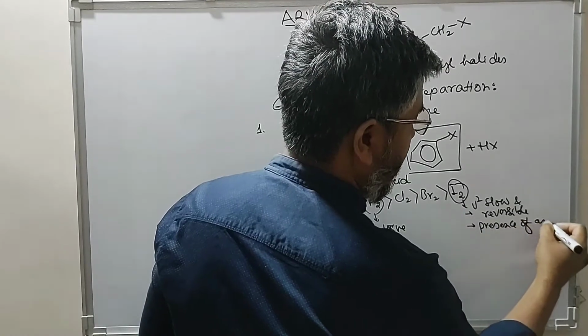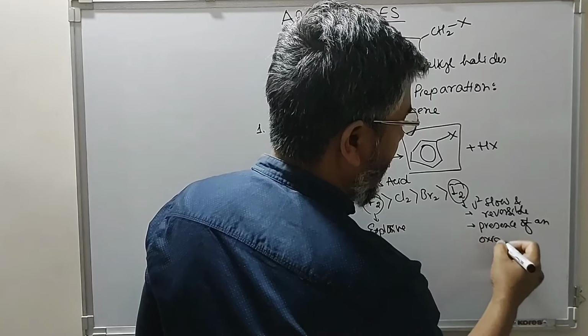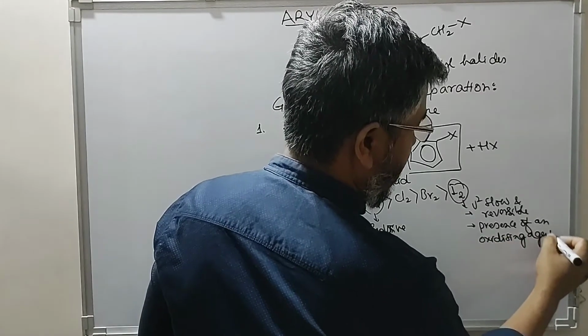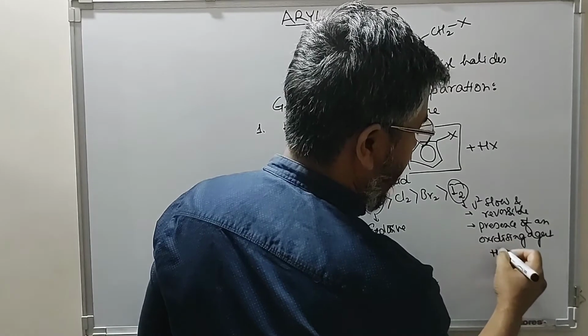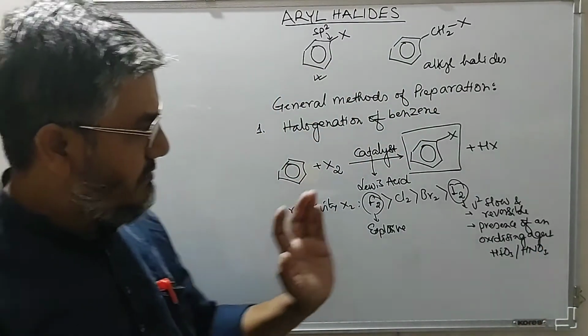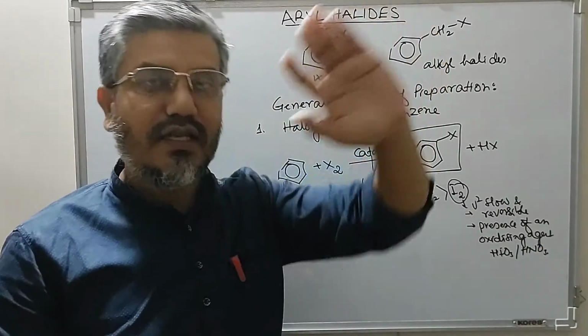An oxidizing agent like HIO3 or nitric acid is used. This is the same method that we discussed in alkyl halides.